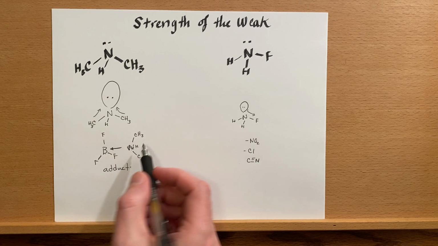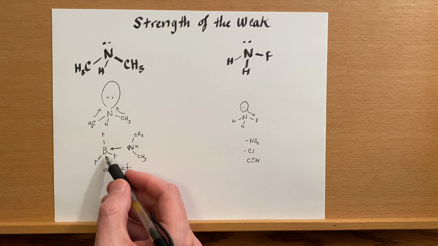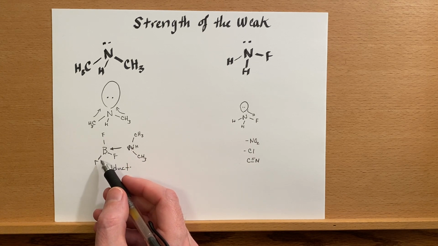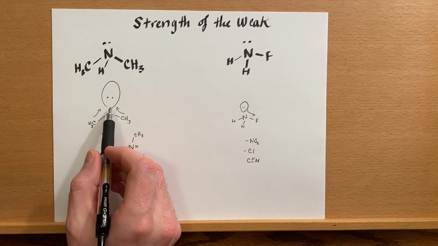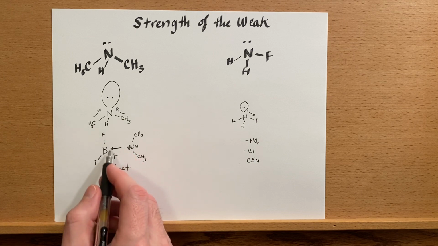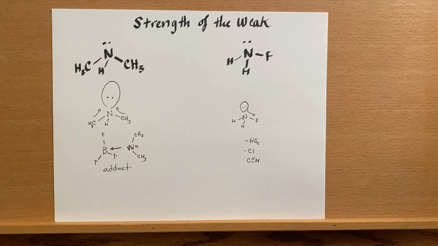And it could be very difficult for that electron pair to get into the place where it needs to react with the acid. However, with a larger electron cloud, it's much easier because it will not be hindered in that way. So that's a little bit about the strength of weak bases.